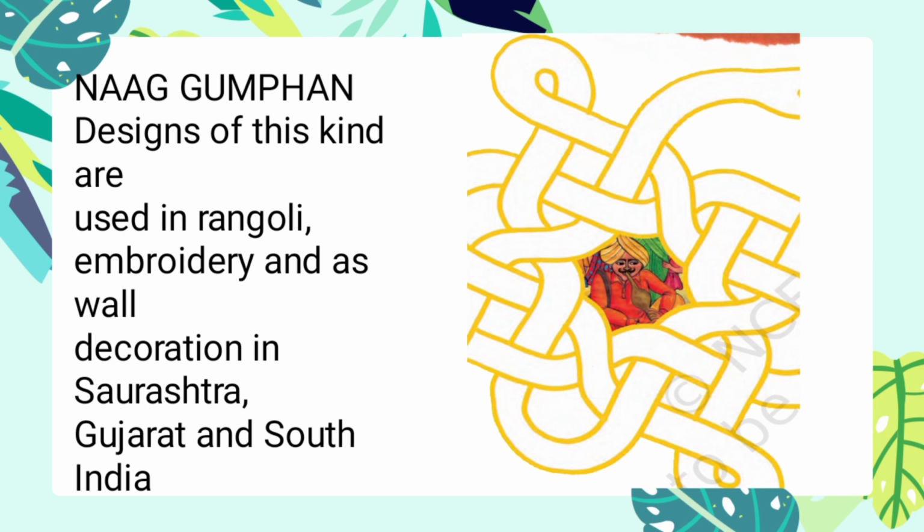This is called Nagagumpan, and this type of image is used in rangolis, embroideries and as wall decoration in places like Saurashtra, Gujarat and some parts of South India. So remember Nagagumpan.